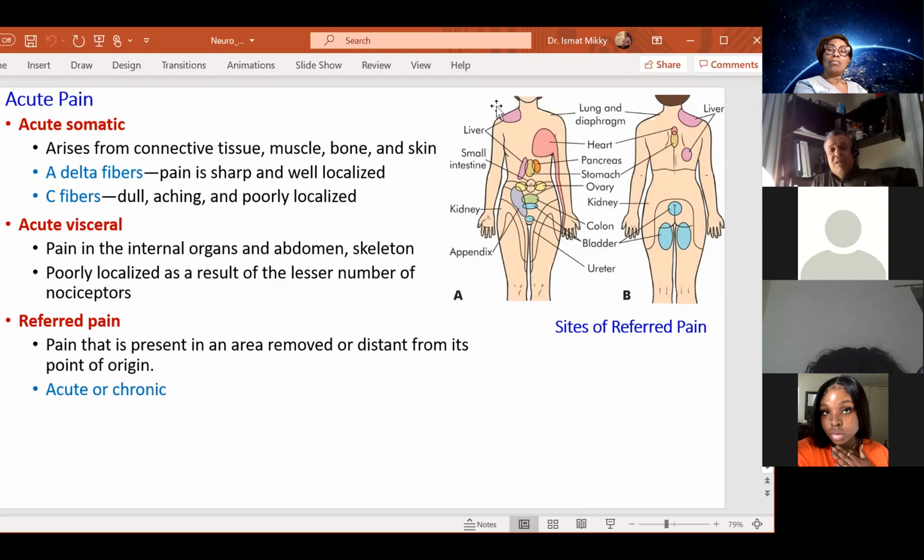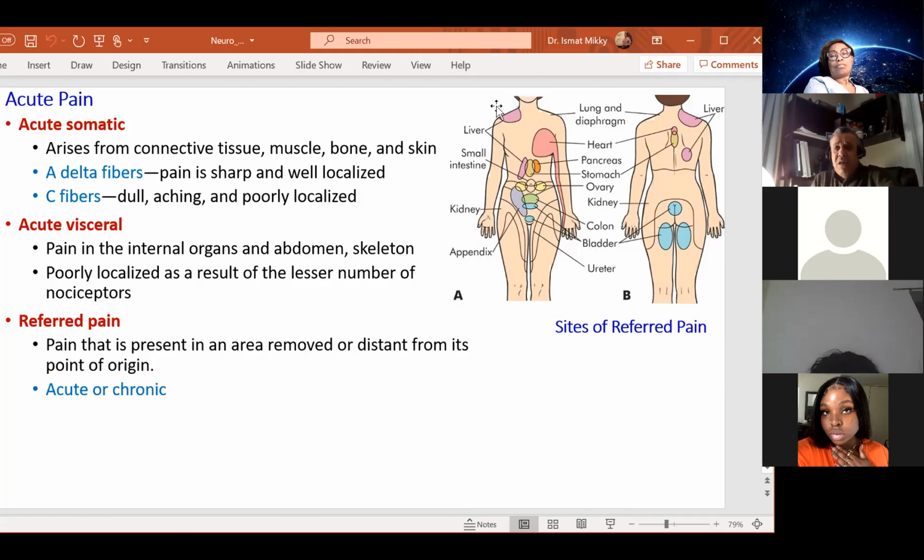The impulses from cutaneous, which is from the skin, and the visceral neurons from the internal organ like liver, converge in the same ascending neuron. And the brain cannot distinguish between these two impulses. Because of that convergence, the brain cannot distinguish between these two, then you will feel what is called referred pain.